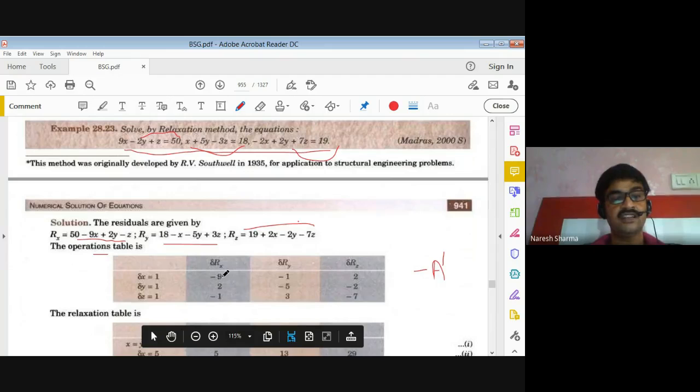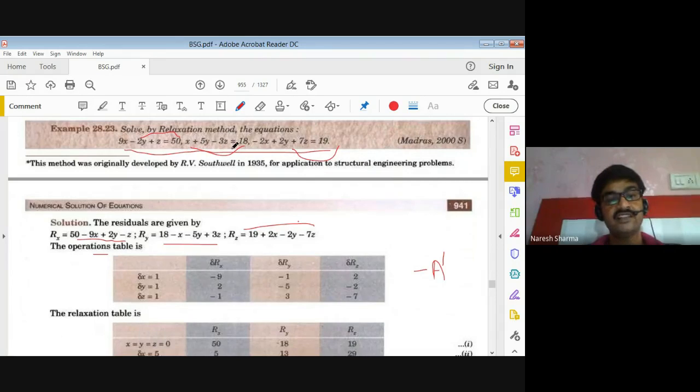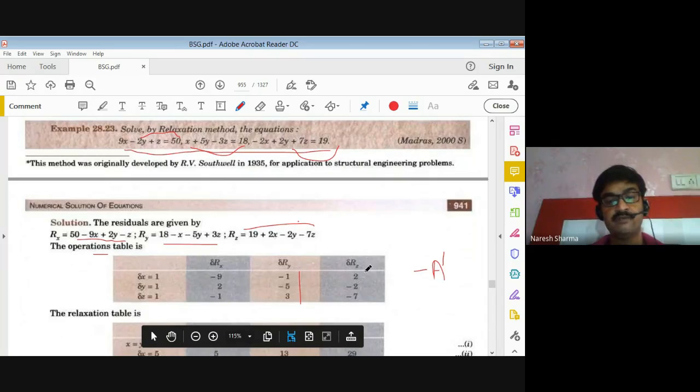That gives you minus 9, 2 and minus 1. The second row is 1, 5, minus 3. Multiply with the minus sign and convert this into the second column of the operational table. So it is minus 1, minus 5 and plus 3. Here the third row is minus 2, 2, 7. Multiply by the minus sign, it is 2, minus 2, minus 7 and it becomes the third column.